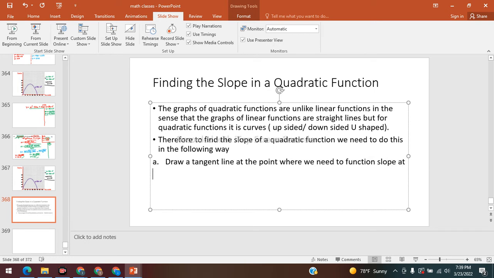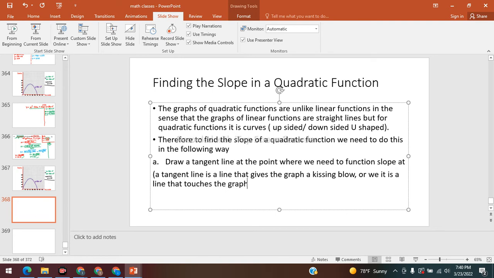And by the way, a tangent line is a line that gives the graph a kissing blow, or we say it is a line that touches the graph at one and only one point.